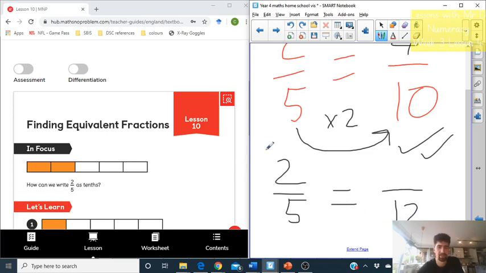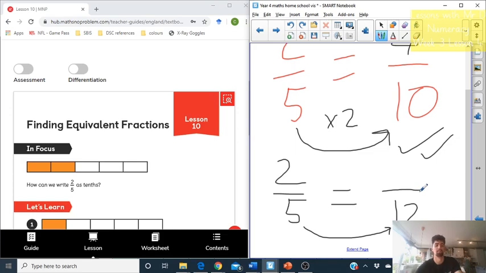Hopefully you've gone through your steps, but if you're at this stage, if there is not a multiple that you can times these numbers by, 5 and 12 don't go into each other. There's no way of getting 5. I couldn't do it. So therefore, 2/5 cannot be equivalent to any 12ths.